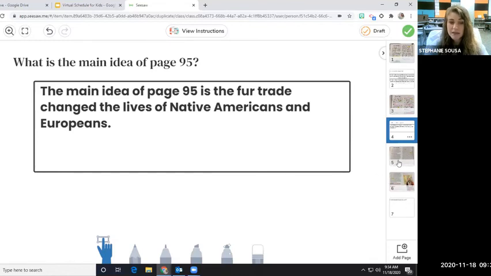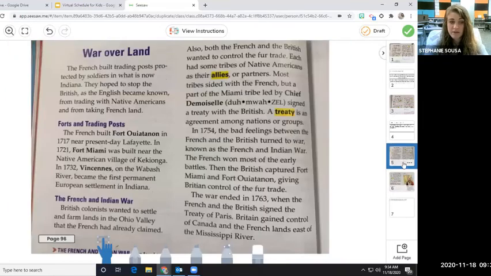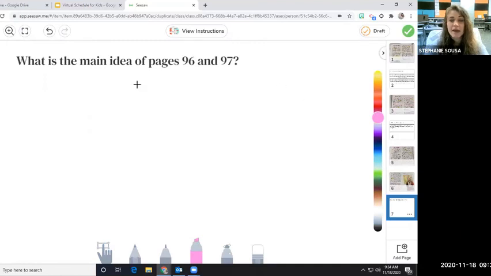Slides 5 and 6 go together. This is page 1 of that, page 2. And you have a very large hint inside of the title, war over land. So you're probably going to learn about the wars that we've talked about. And then you're going to tell me the main idea here, okay?